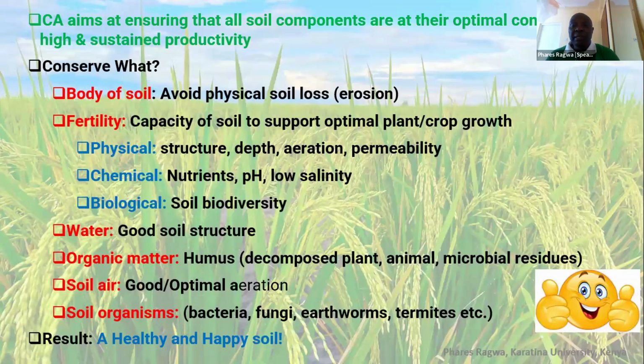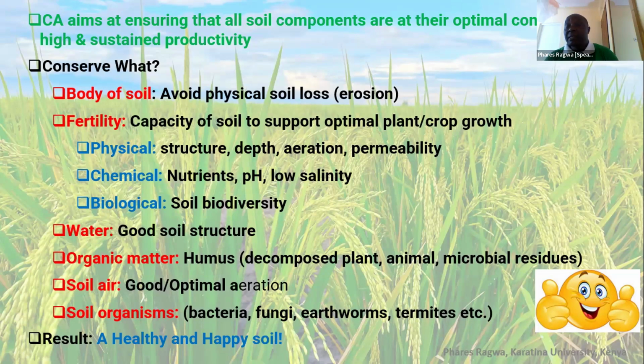Then we have the water as a component. Of course, we know that the crops get their water from the soil, and therefore we require the right amounts of water in the soil so that it can support crop growth. And this will become very important when we talk about the arid and the semi-arid areas.